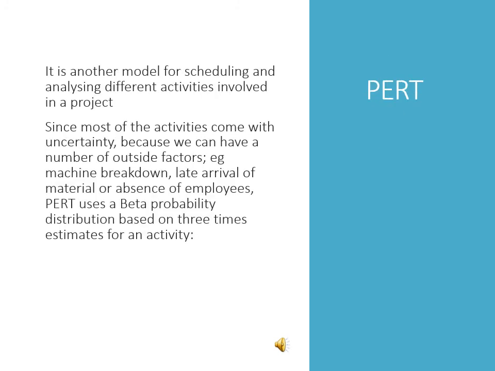The PERT is another model for scheduling and analyzing different activities involved in a project. Since most of the activities come with an uncertainty, because we can have a number of outside factors, for example, machine breakdown, late arrival of materials, absence of employees, PERT uses a beta probability distribution based on 3 time estimates for an activity.